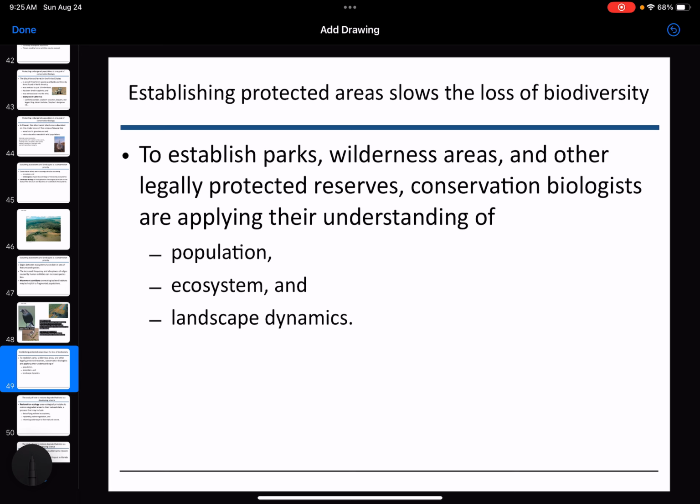So they would be good examples of keystone species that maintain high biodiversity.